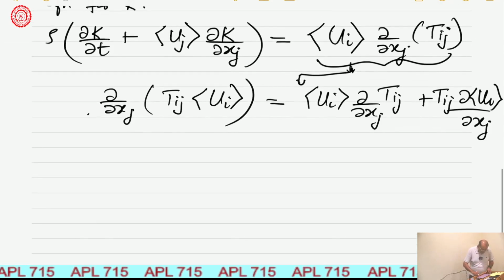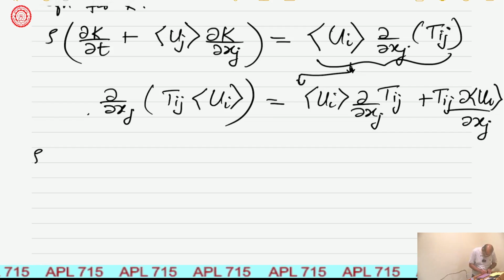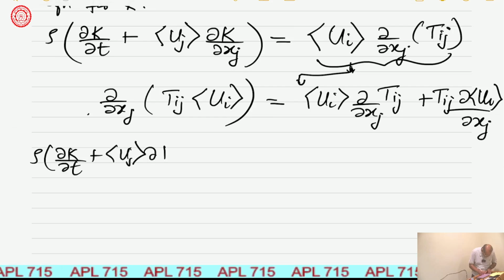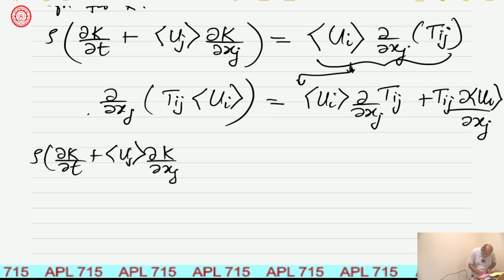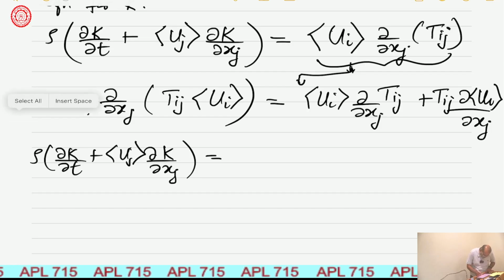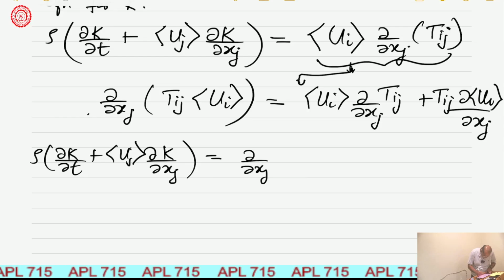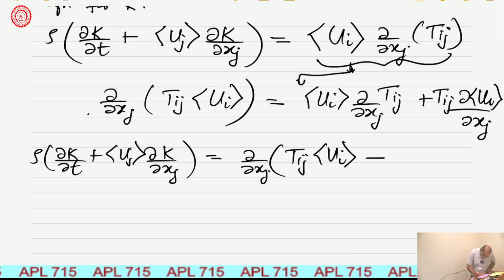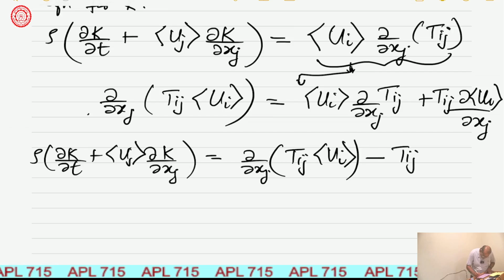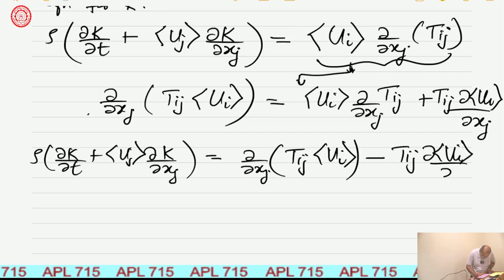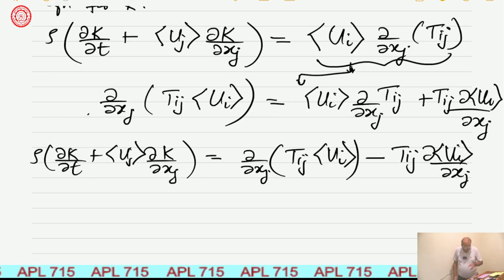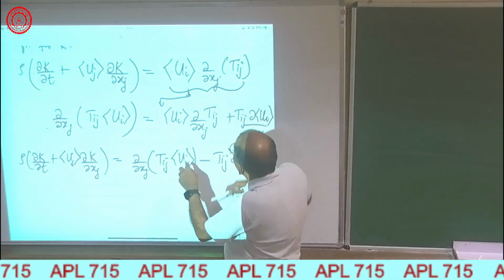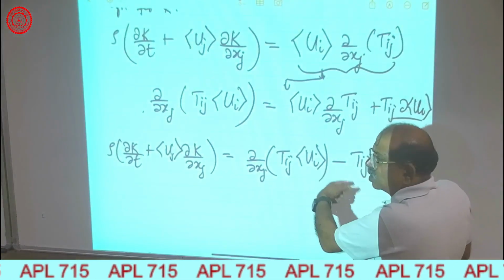Therefore, the right hand side here will become rho times, I'll just write it again, dK by dt plus mean of uj dK by dxj is equal to, now I add this term, d by dxj of Tij mean of ui minus Tij times the gradient. So the right hand side I have just written as a total derivative minus the second term, because that's what the product will involve.